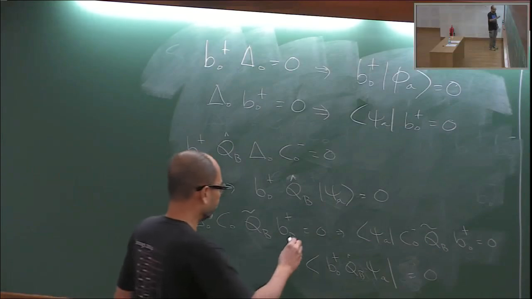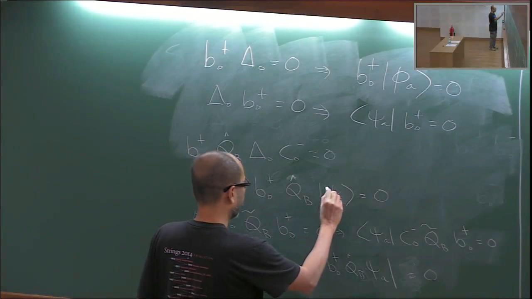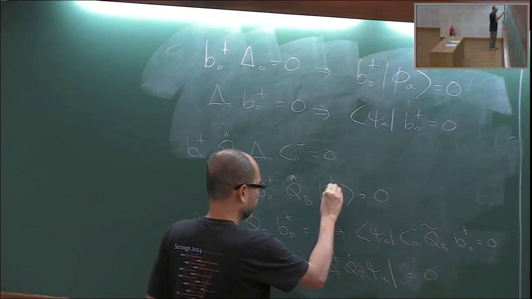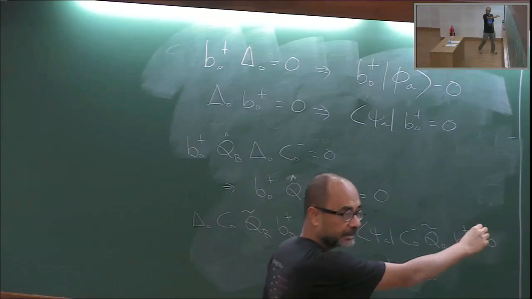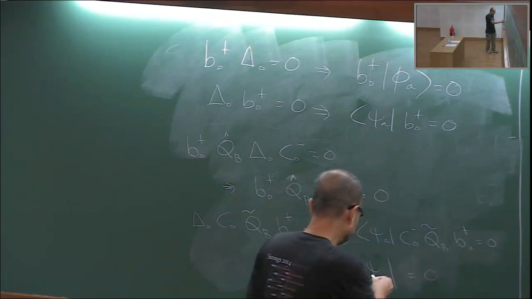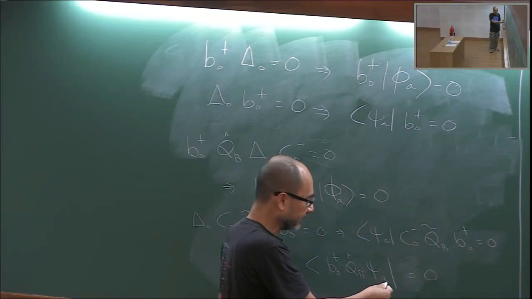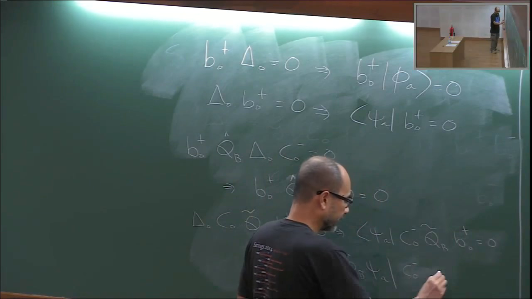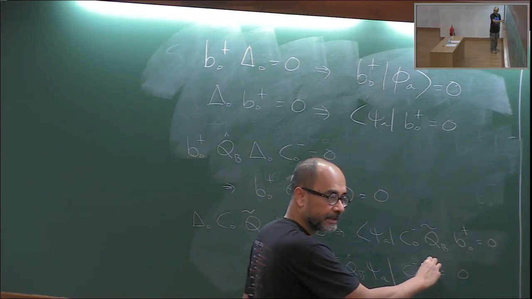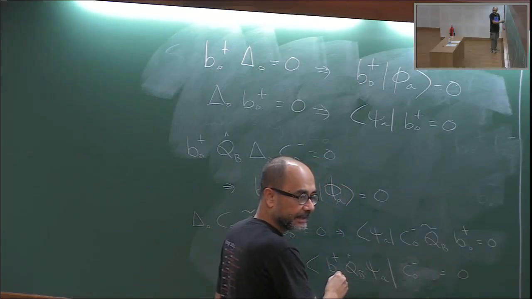Just one minute, let me write, this is a phi A, this is not psi. So C0 minus you can kill by applying a B0 minus. Because if you apply a B0 minus, then B0 minus kills this anyway, right?